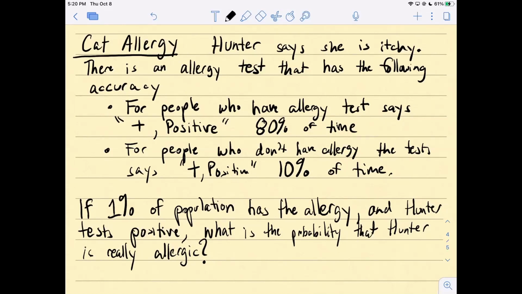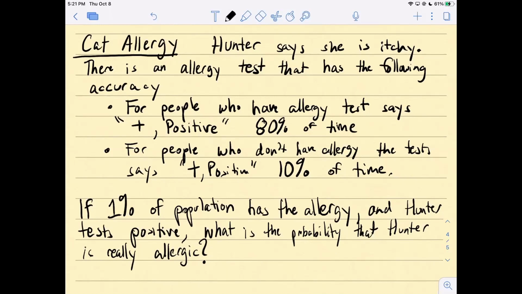By the way, just your intuition, how many people think that there's a really high chance, maybe around 80% chance, that Hunter has an allergy? Hit yes if you think the chance is around 80% or higher, and hit no if you think it's maybe lower than 80%.